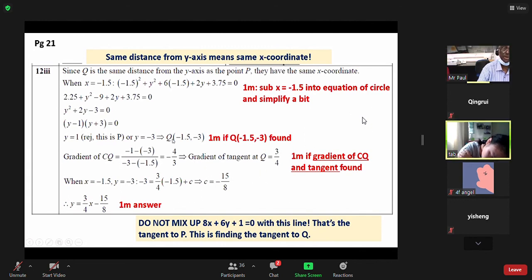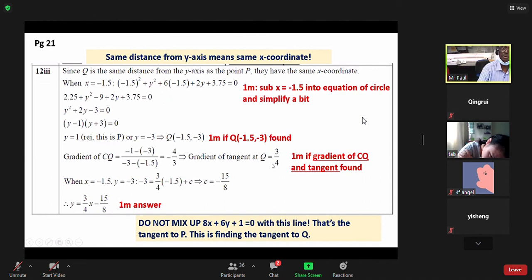So if your Q is correct, then you find the gradient of CQ, y1 minus y2 like this. Then your gradient for CQ is this. But your gradient of CQ, which is the radius, is perpendicular to the tangent. So if this is the gradient of CQ, the gradient of the tangent would be 3/4.